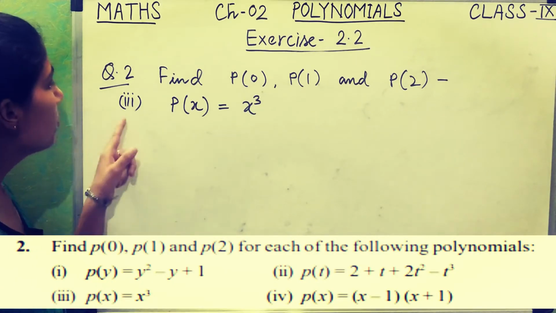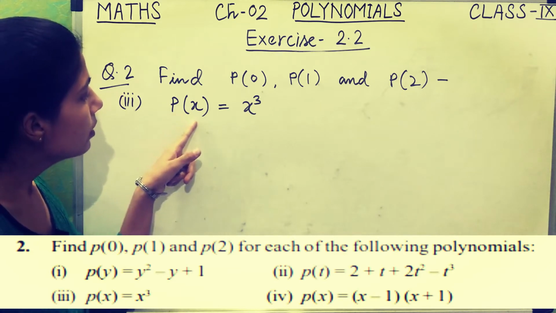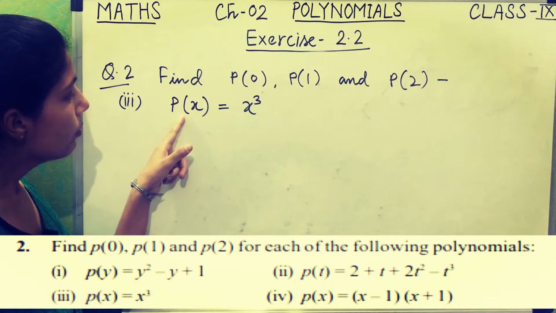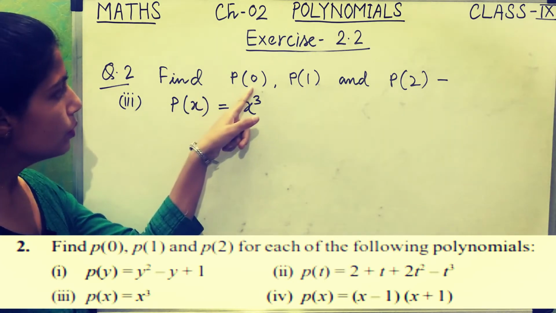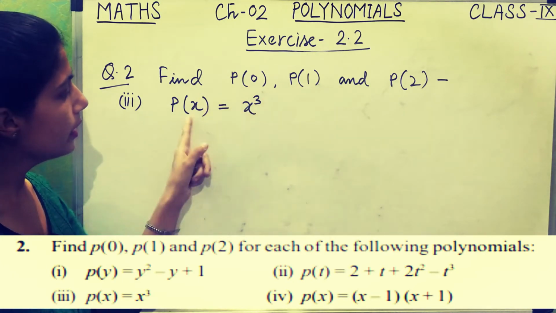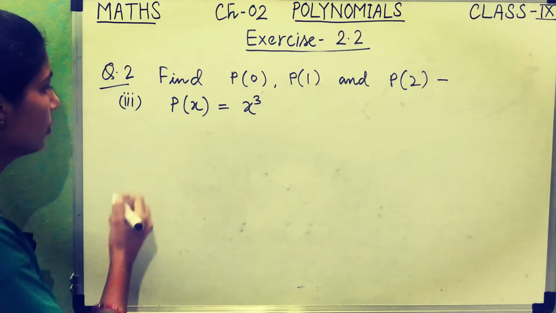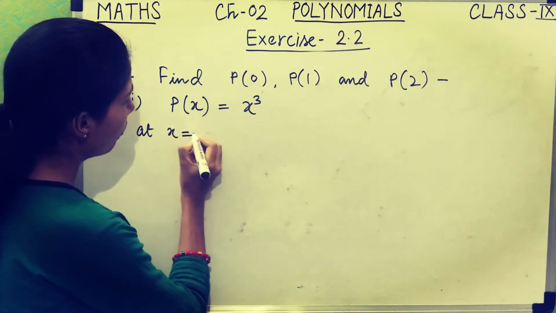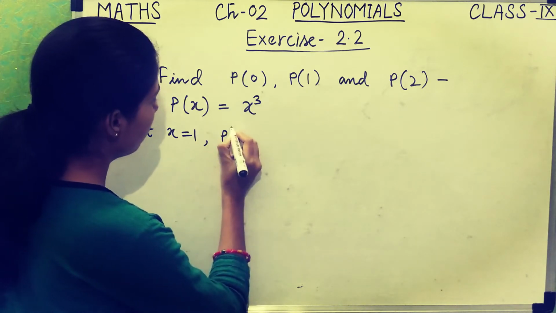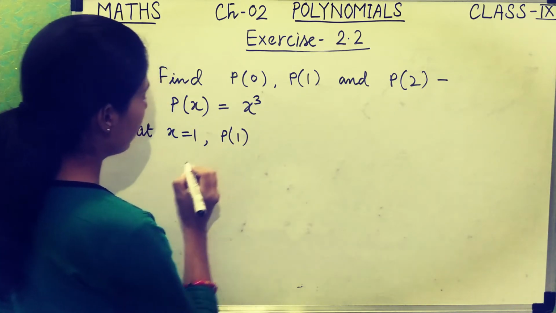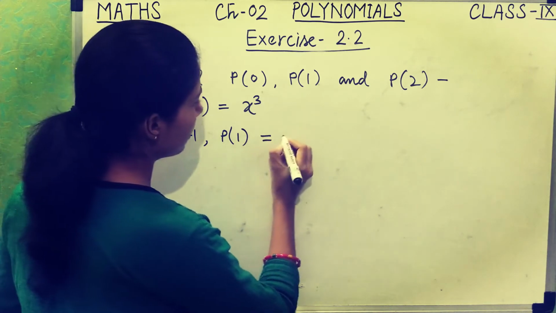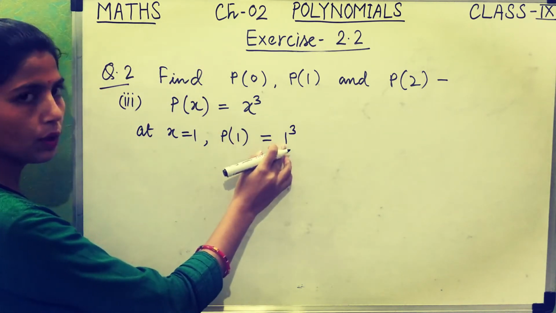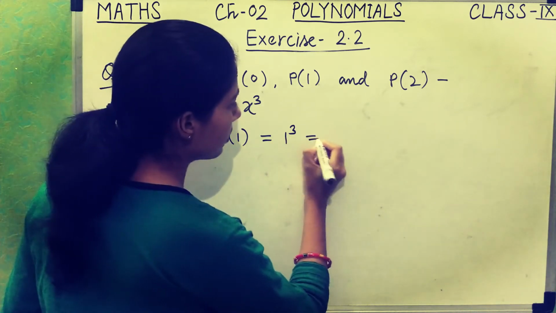Now see the third part, the polynomial is x cube. You have to find the value of the polynomial at x equals 0, at x equals 1 and at x equals 2. Okay, so let's check it. At x equals 1, the polynomial is cube of 1. You are putting in place of x as 1, so cube of 1 is 1.